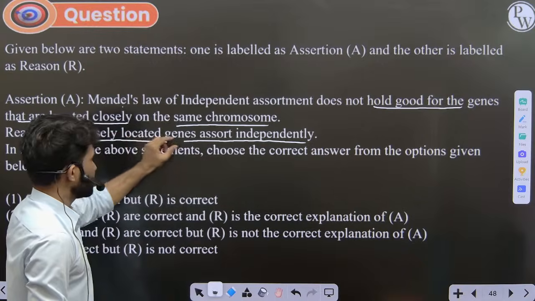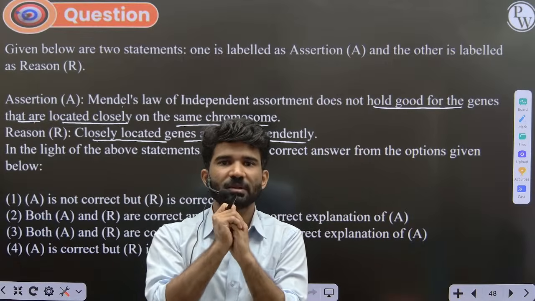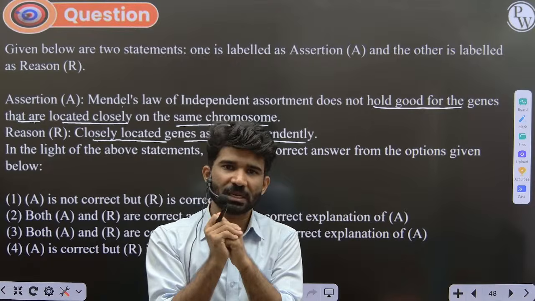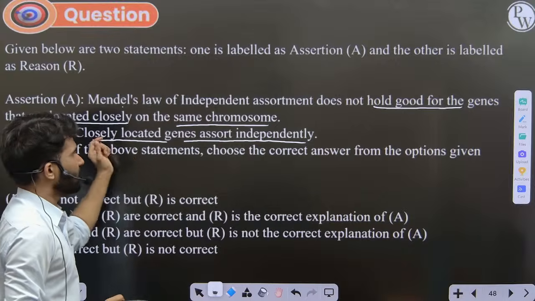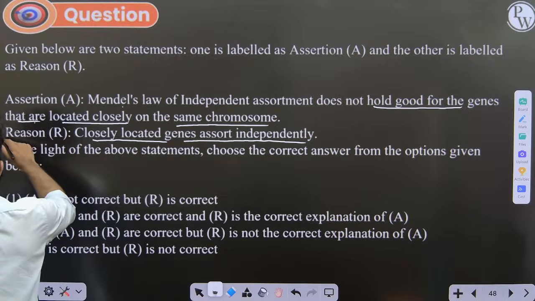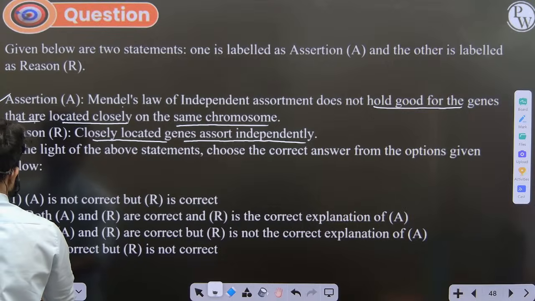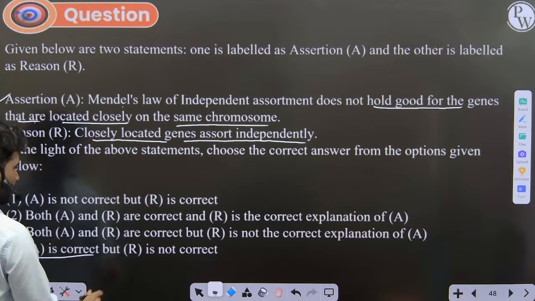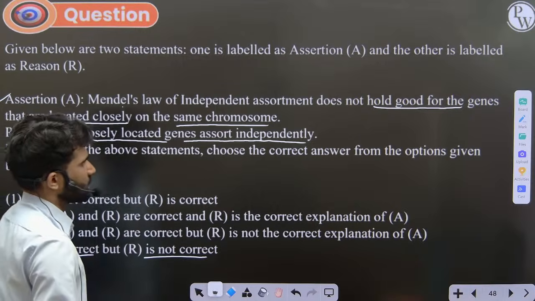If they are closely located, the frequency of recombination is less, so their possibility of assorting independently is less. So the reason is false. The assertion is correct, but the reason is not correct.